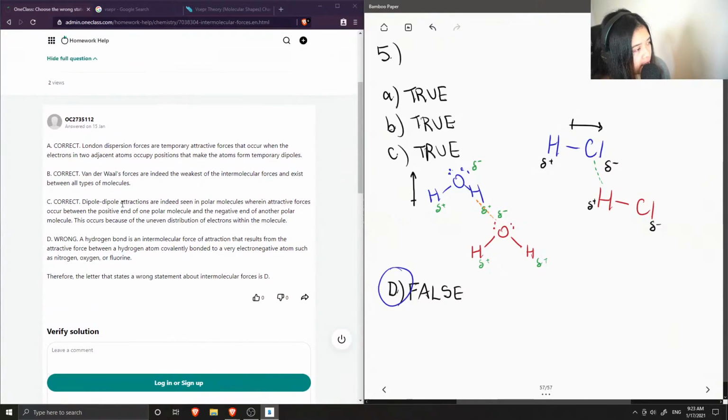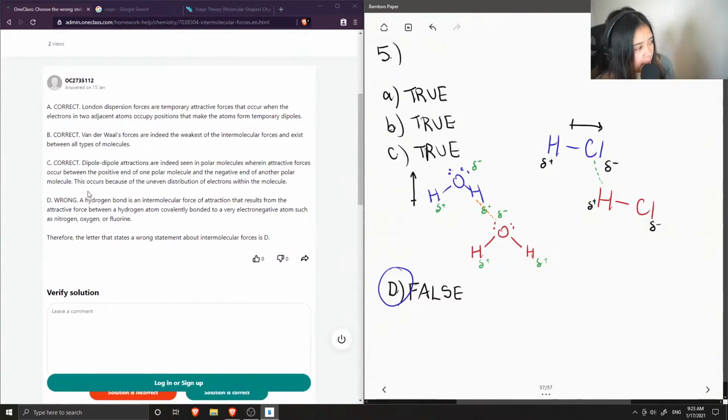C is correct. Dipole-dipole attractions are indeed seen in polar molecules, wherein the attractive forces occur between positive end of one polar molecule and the negative end of another. This occurs because of the uneven distribution of electrons within the molecule.